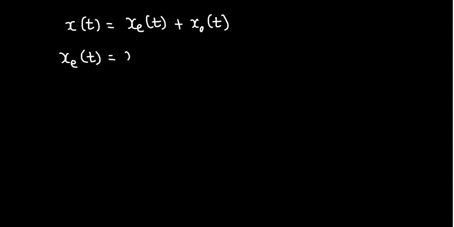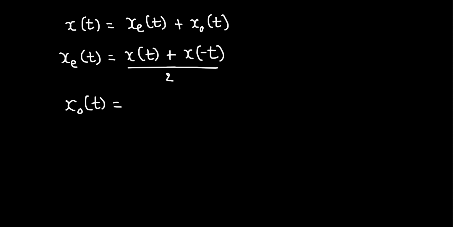The property is any signal, say x of t, can be expressed as a summation of its even component xe of t and its odd component xo of t, where xe of t is being defined as x of t plus x of minus t by 2, whereas the odd component xo of t is defined as x of t minus x of minus t by 2.